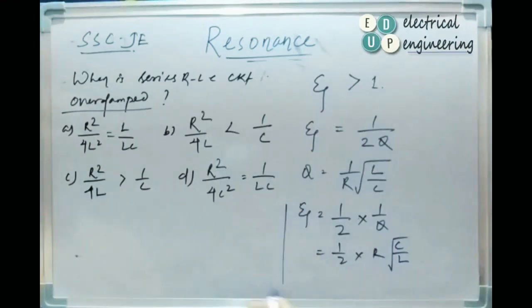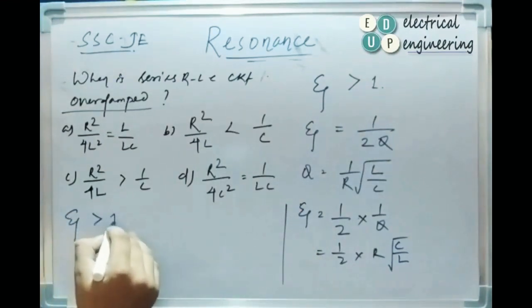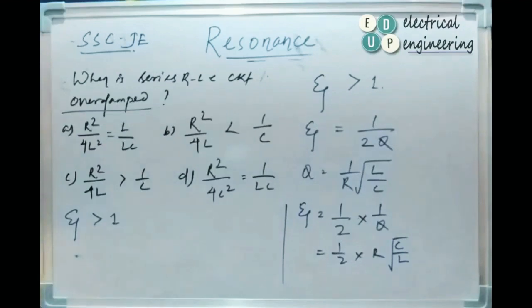So for overdamped, zeta is greater than 1, right? So just write this expression in place of zeta: 1 by 2 into R root C by L is greater than 1.